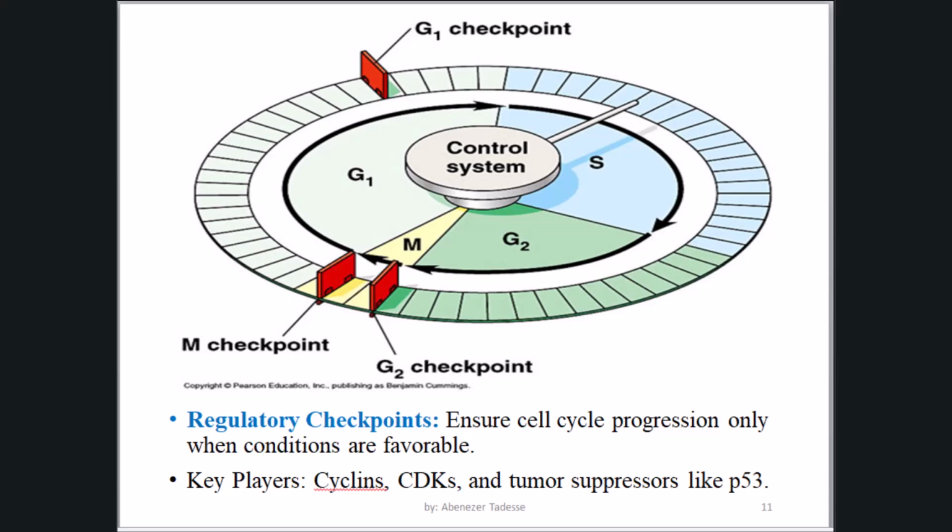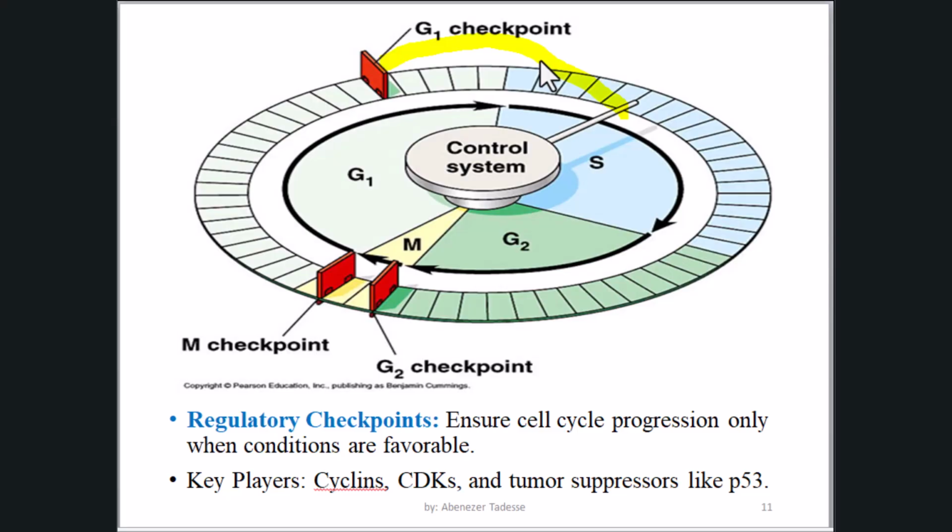Here, what you see is that normally within the cell cycle, there is a control system, or security guard, within each of three different areas, starting from the G1 to the S phase. From G1 to S phase, there is a guard that makes sure there is a favorable condition for the cell to move from G1 to the S phase.